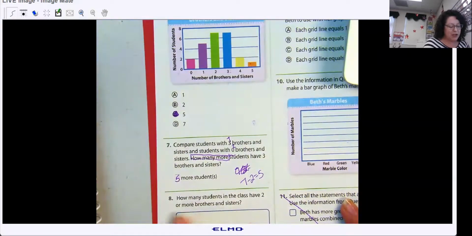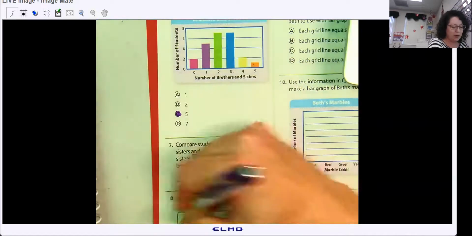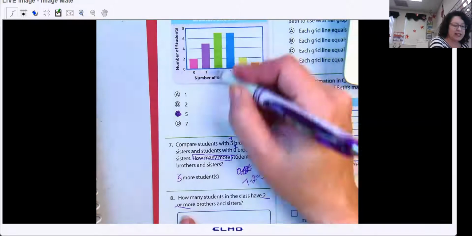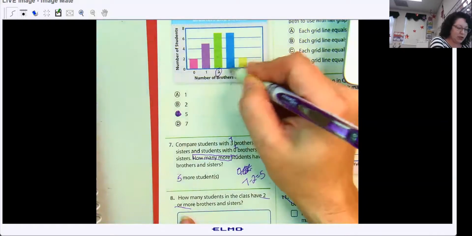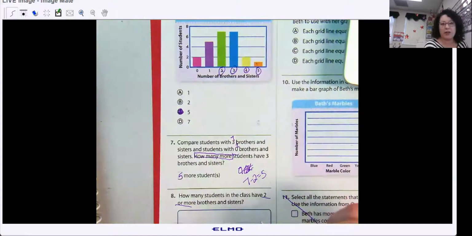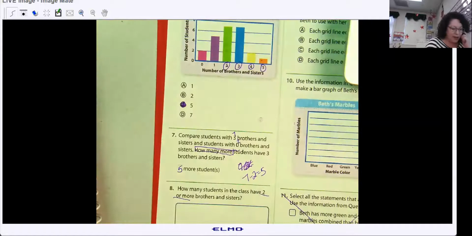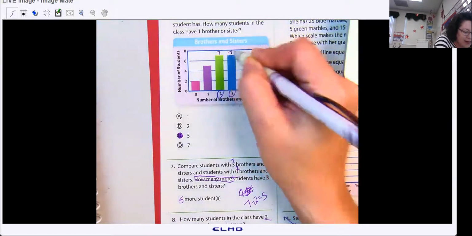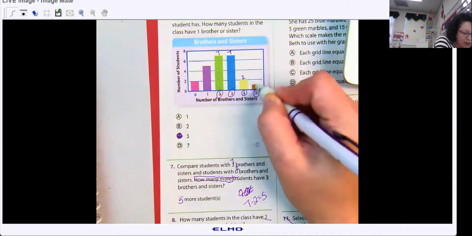How many students in the class have 2 or more? So it's not just asking about 2, it's asking about 2 or more. So it's all of those. And you know what I forgot to do? I forgot to label my bar graph. So 7, 7, 2, and 1.